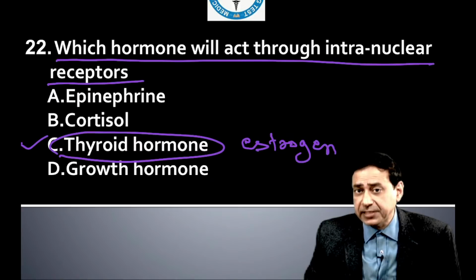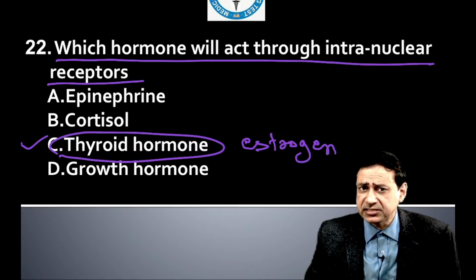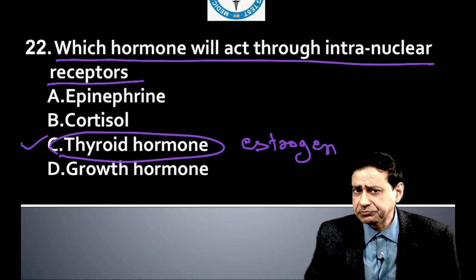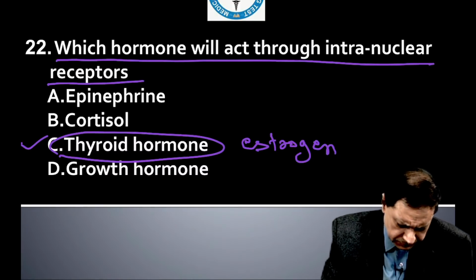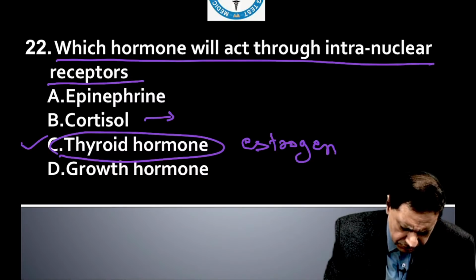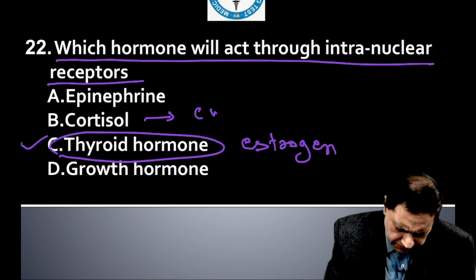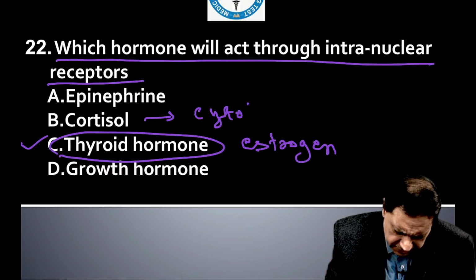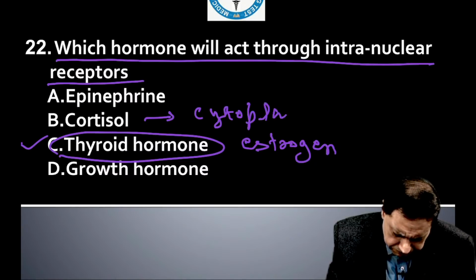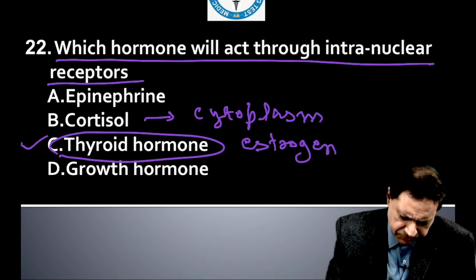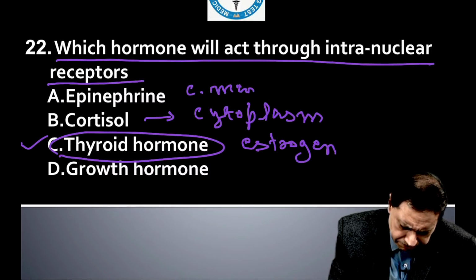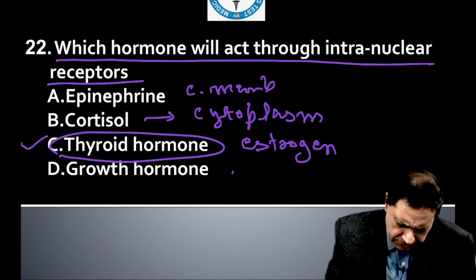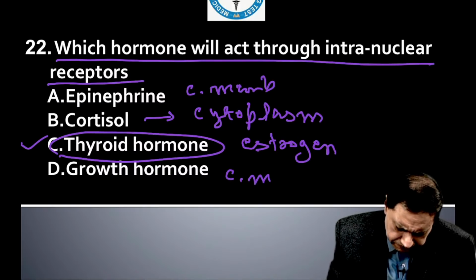Okay? Cortisol is a steroid. Receptor lies in cytoplasm. This is cell membrane. This is also cell membrane.